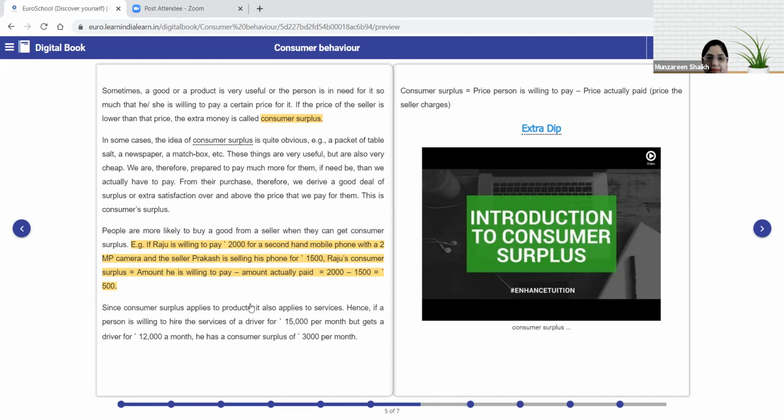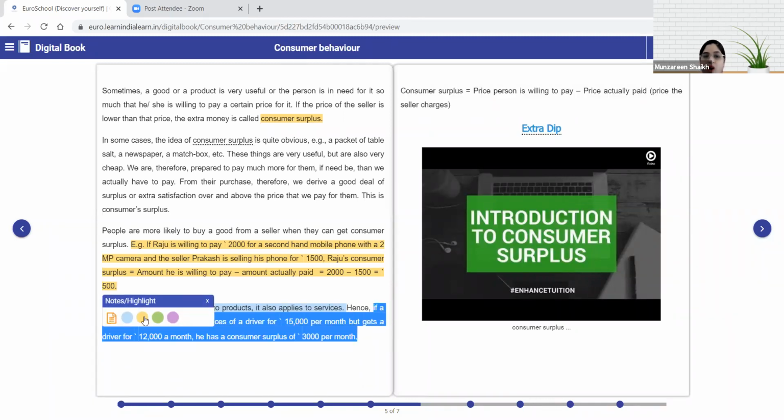The first line, last paragraph. And then underline the example related to services, where a person is willing to hire.